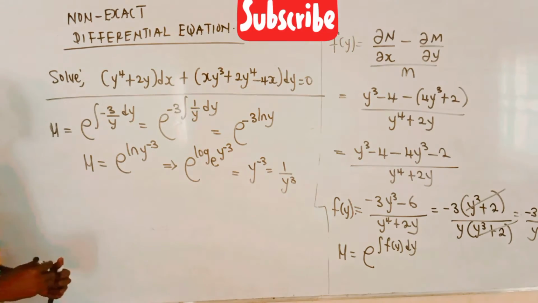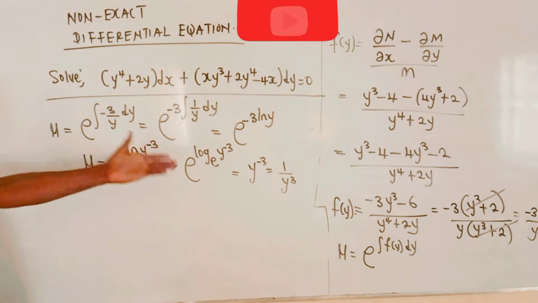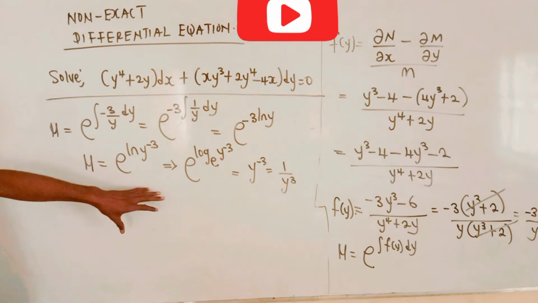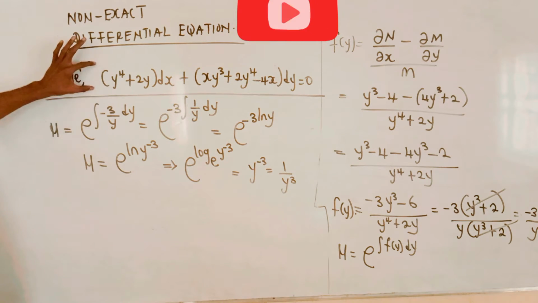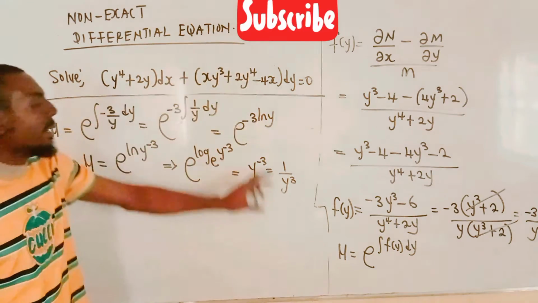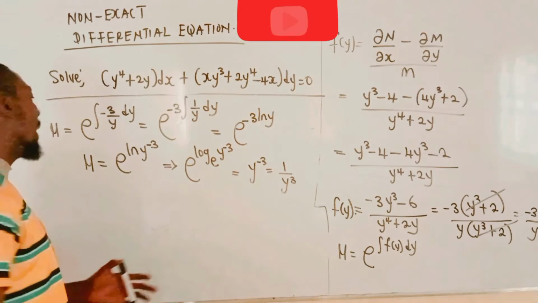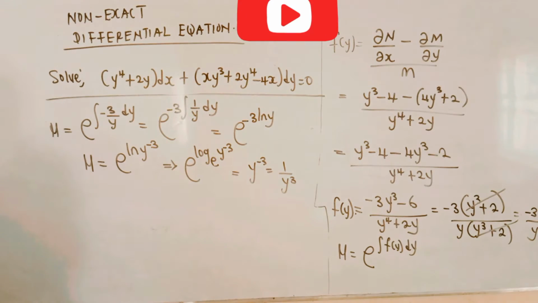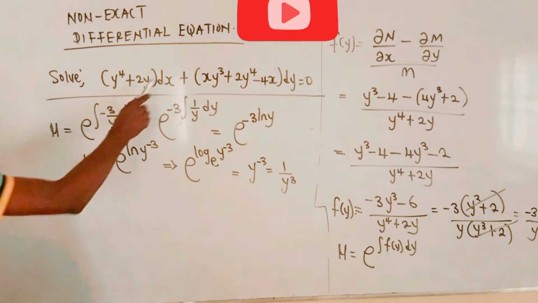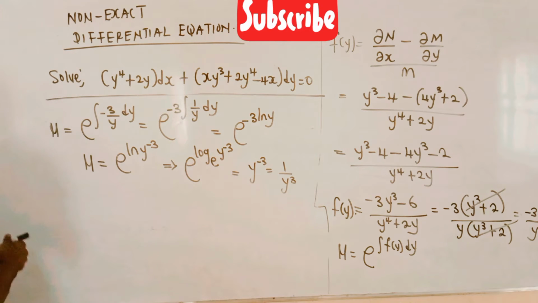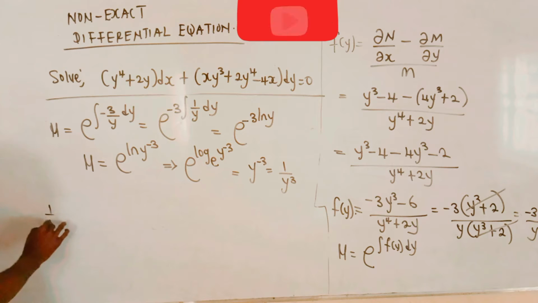So this is our integrating factor. We're going to multiply the given equation by this integrating factor in order to make it exact. Alright? So this is our given equation. We have the integrating factor as 1 over y cubed.